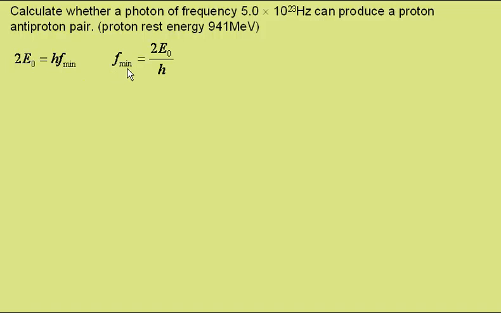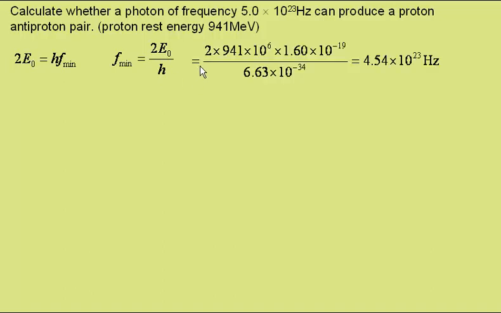We want to find the frequency, which will be given by twice the rest energy over Planck's constant, and putting the numbers in, we have 2 times 941 times 10 to the 6 because it's megaelectron volts, multiplied by the charge on the electron to get the energy into joules, divided by Planck's constant, giving a minimum frequency of 4.54 times 10 to the 23 Hertz.